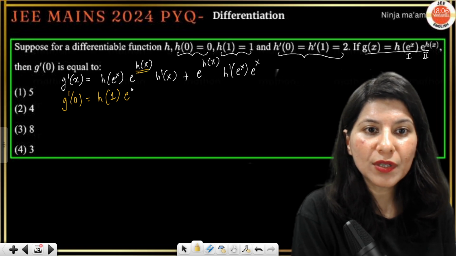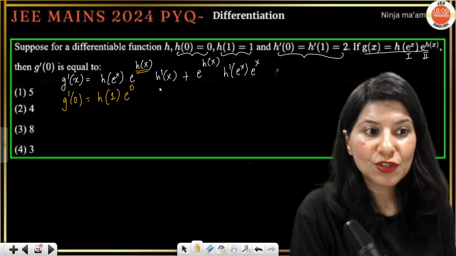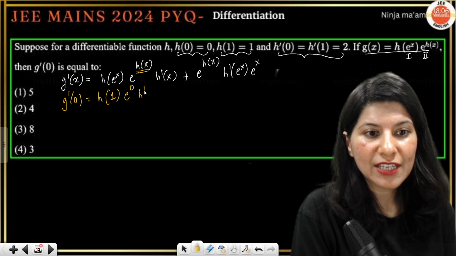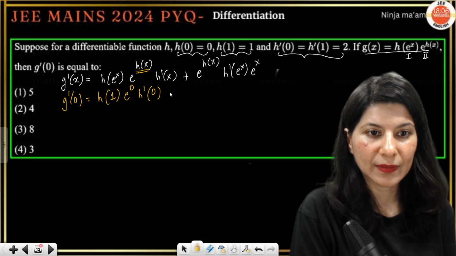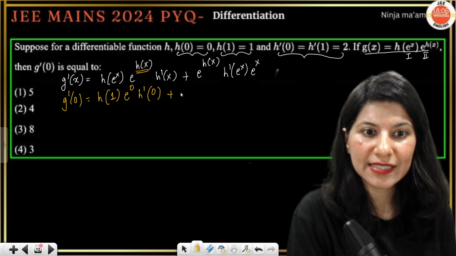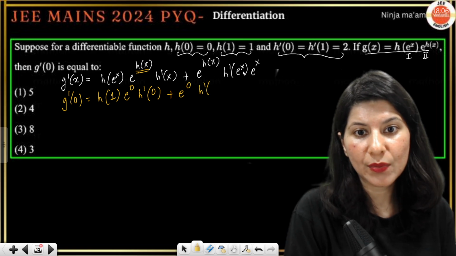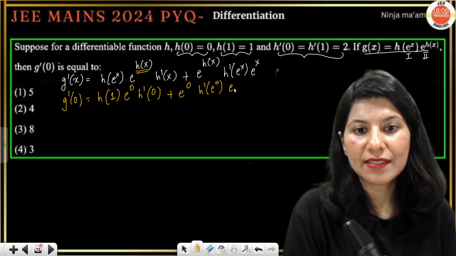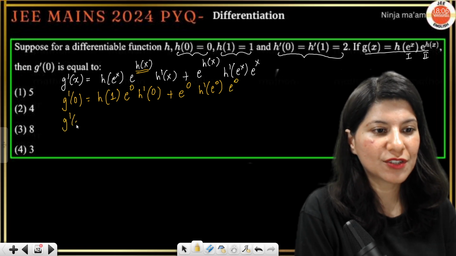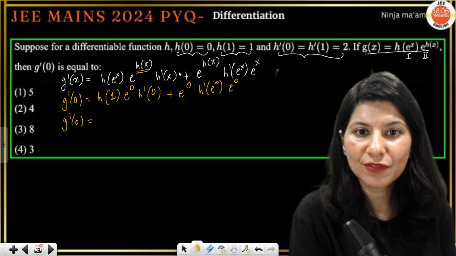h of 0 is what? 0, given in the question. h dash 0, h dash 0 plus e power h of 0, h of 0 is 0, h dash e power 0, and this is e power 0, right? So g dash 0 will be h of 1. Where is h of 1? 1.